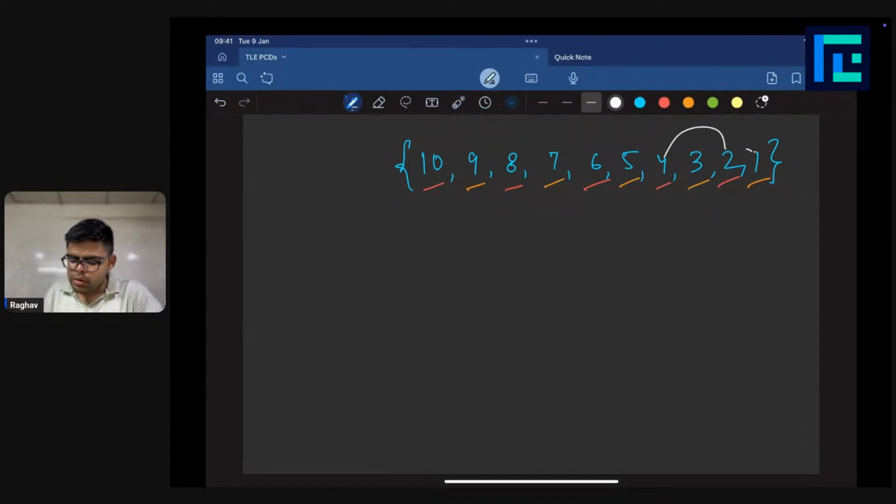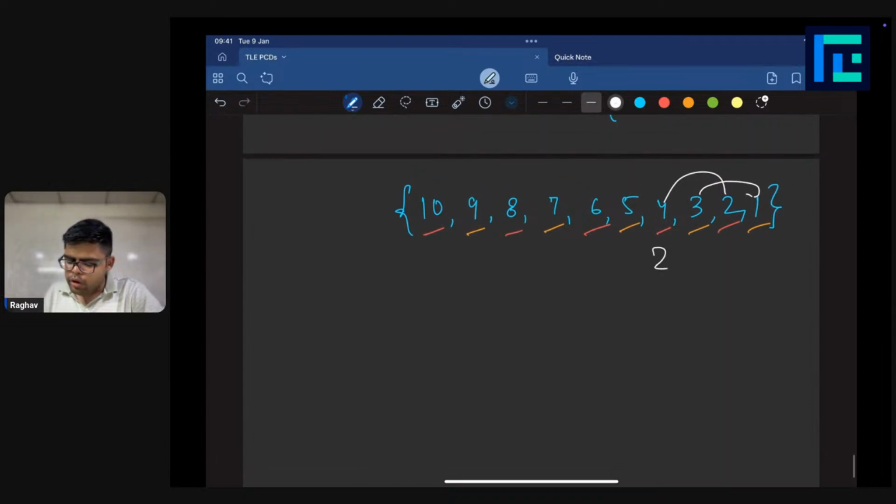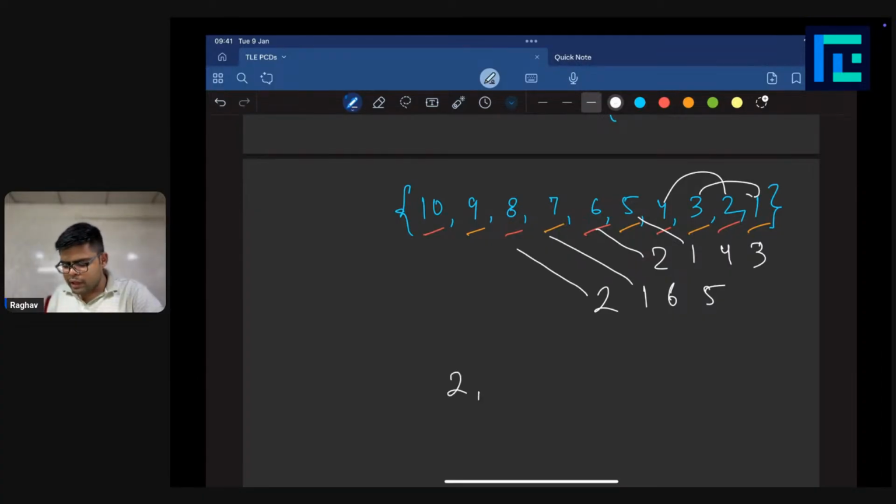You can maybe swap these like this. When you would have got two here, one here, four here, three here, then maybe swap two with six, five with one, or something, anything you like. 2 1 6 5. Then you will again make swaps and so on until you get two at the front.